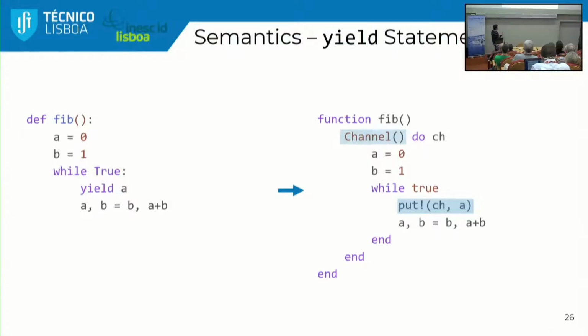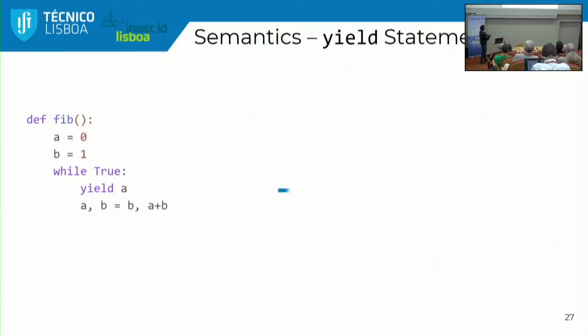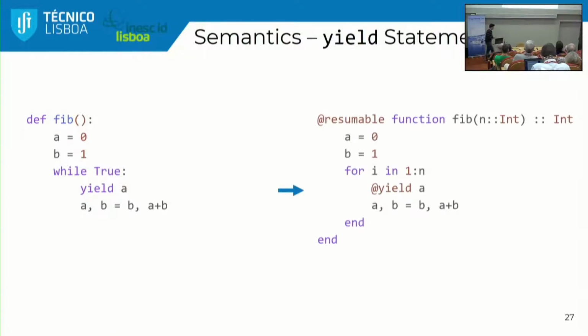This cannot be avoided even when using unbuffered channels, which have a size of 0. Our solution currently is to use a package called resumable functions. What this package does is similar to Python: it implements a finite state machine to convert this logic into Julia, and this preserves the behavior of Python.